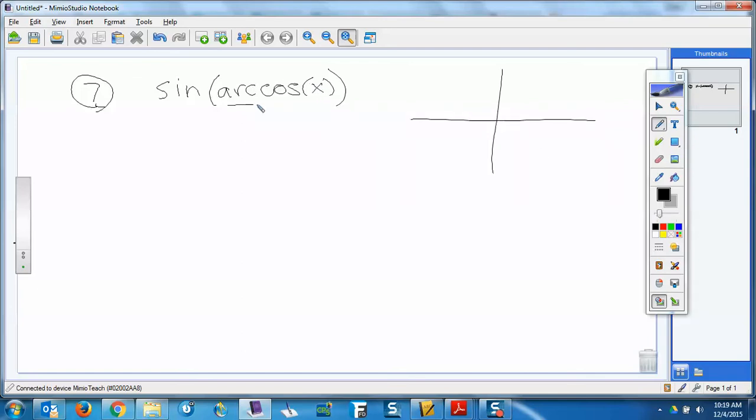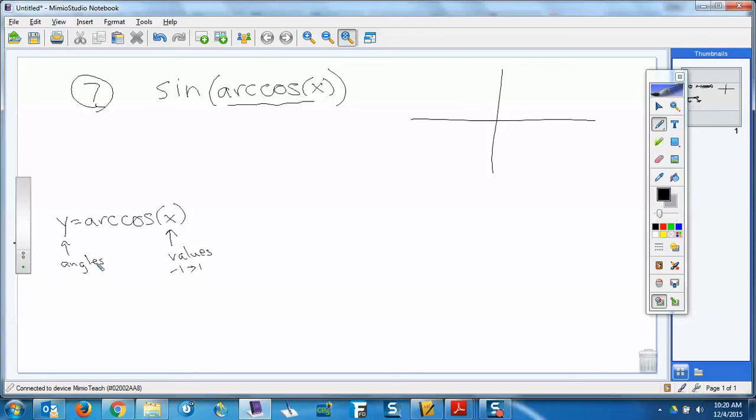The idea is arc cosine of x means the angle whose cosine is x. Remember, in the arc cosine function, what goes in is values, numbers between -1 and 1, and the output is angles, like pi over 6. It's the inverse of the cosine function, where you put angles in and get values out.